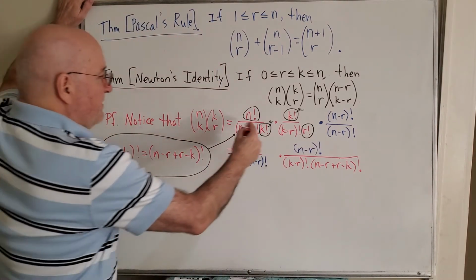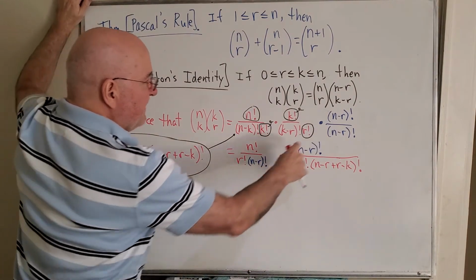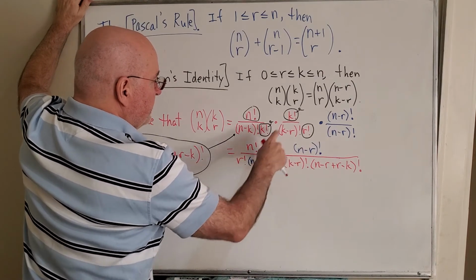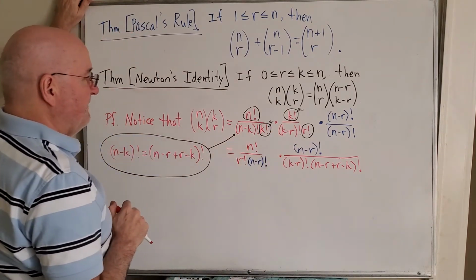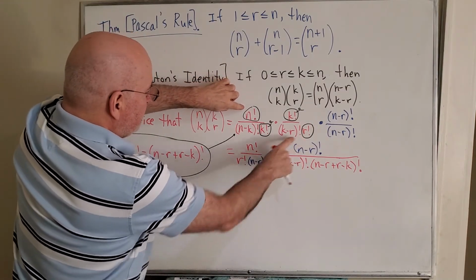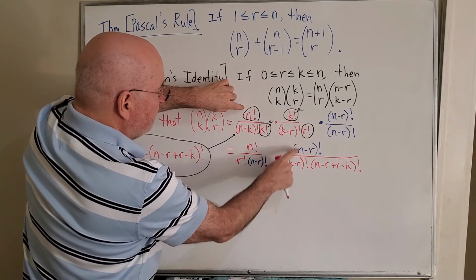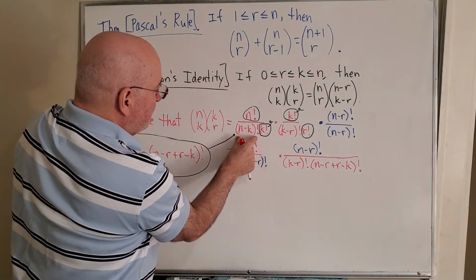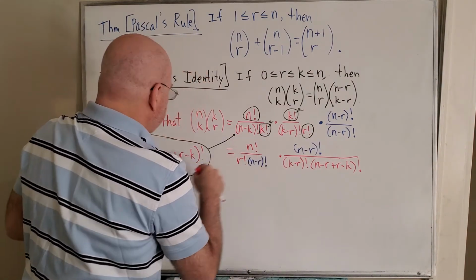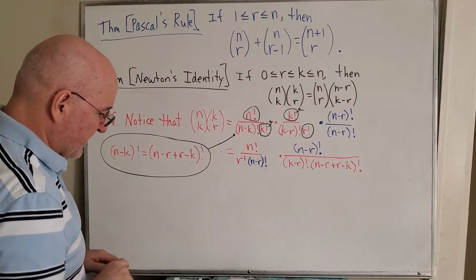So now this is completely equal to this. I want you to double check that. It's easy to find the n minus r factorial over the n minus r factorial. The k factorial over k factorial went away. Here's the n factorial over r factorial. And here's the k minus r factorial. It didn't move. And then I moved the n minus k factorial to right here, but I wrote it as n minus r plus r minus k factorial.